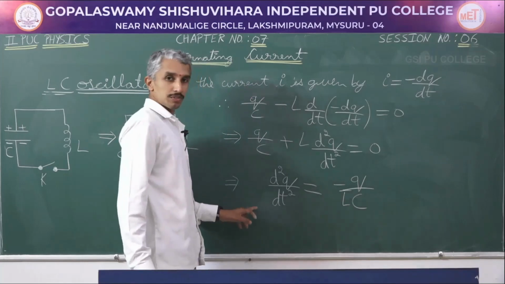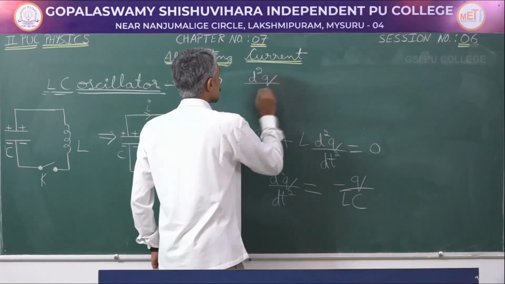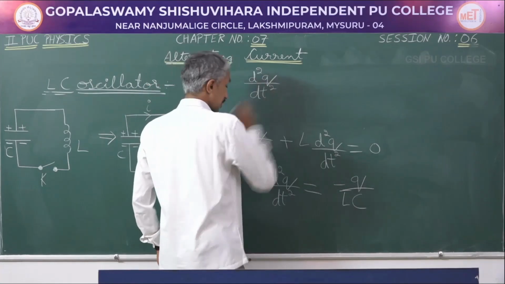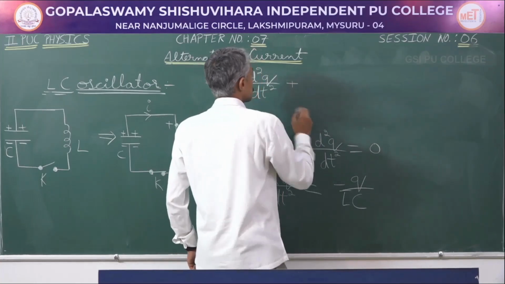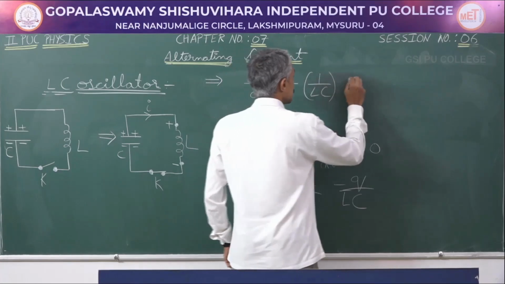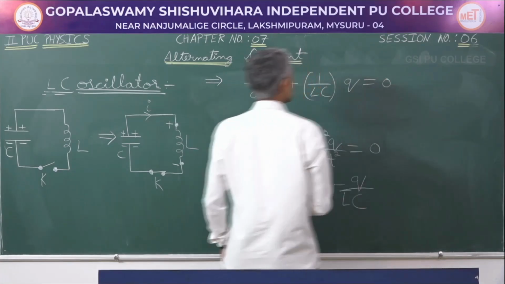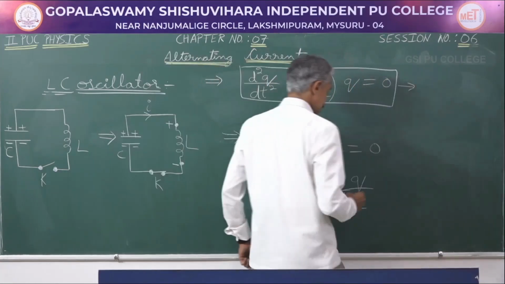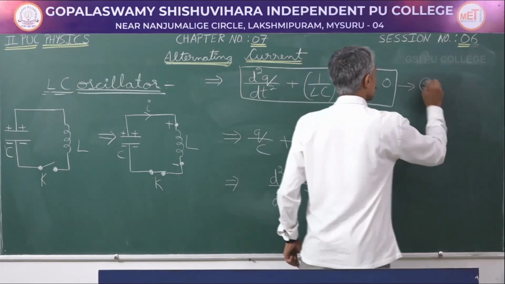I can further simplify this. D square q by dt square plus 1 by LC into q is equal to 0. Let me take this as equation 2.